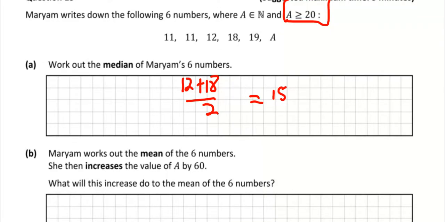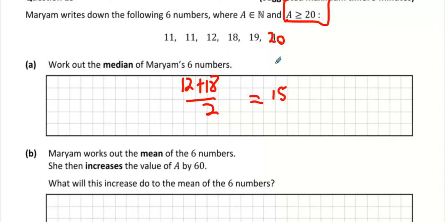Miriam works out the mean of the 6 numbers, and then she increases that value by 60. Now, lads, imagine for argument's sake, here's a good way of working this out. Imagine A was 20. And imagine I worked out the mean.